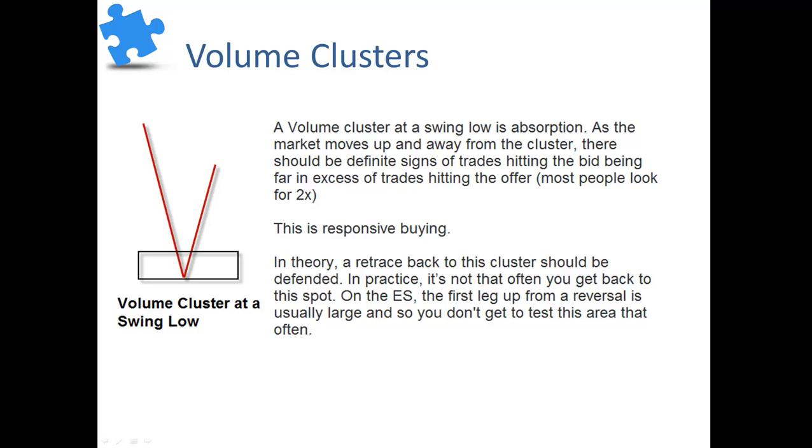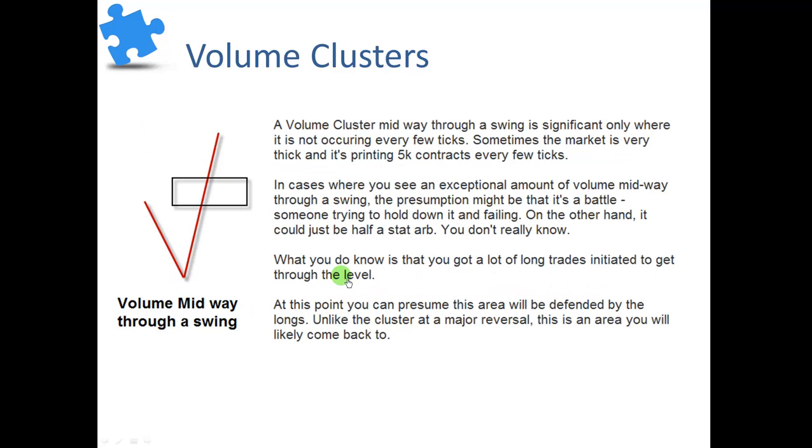Now, what's a higher probability is a volume cluster that's created midway through a move. And here we see an example where a volume cluster might be created midway through a move. It doesn't stop the market, and the market carries on up. Now, volume clusters must be exceptional volume, and it's exceptional volume relative to what's printing that day.